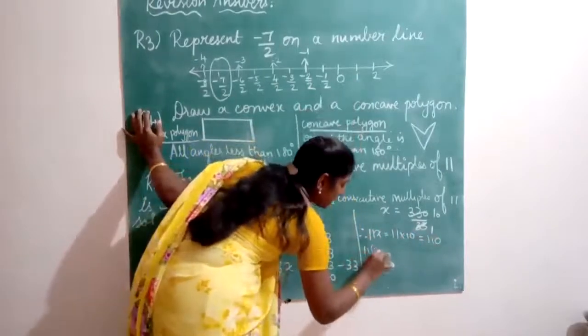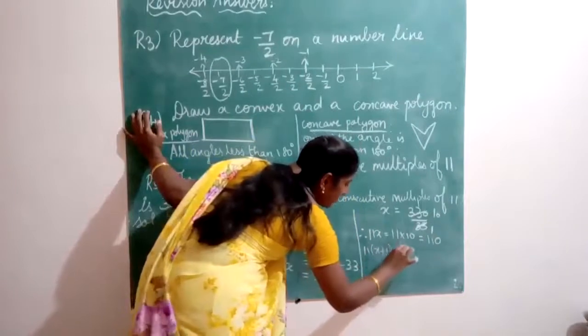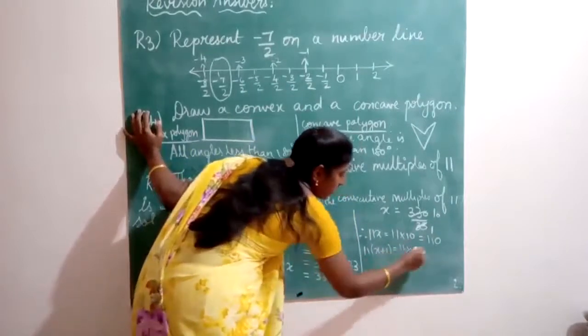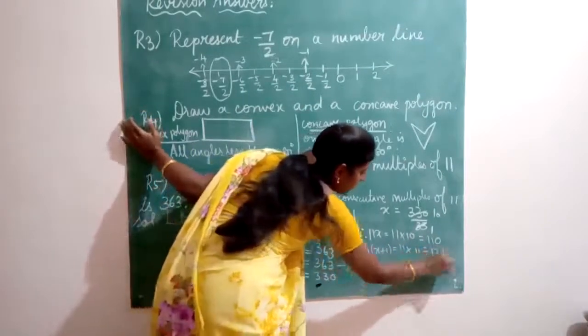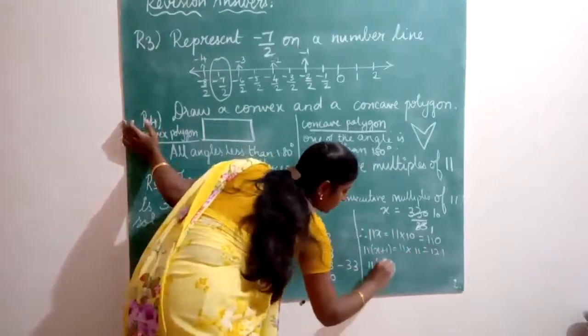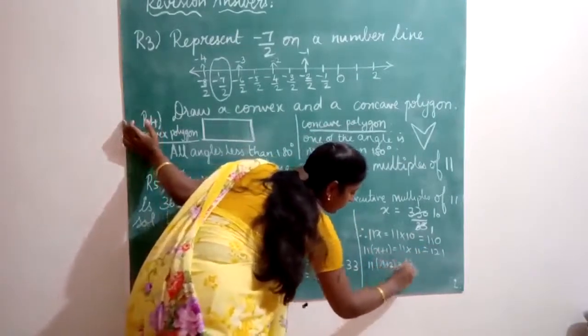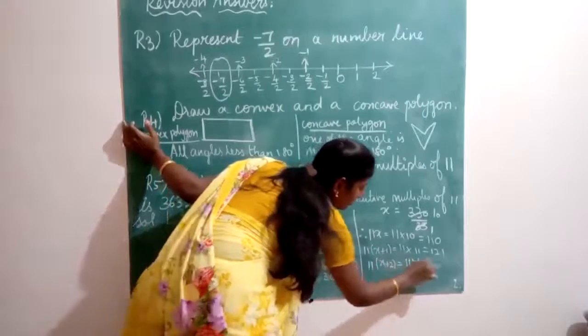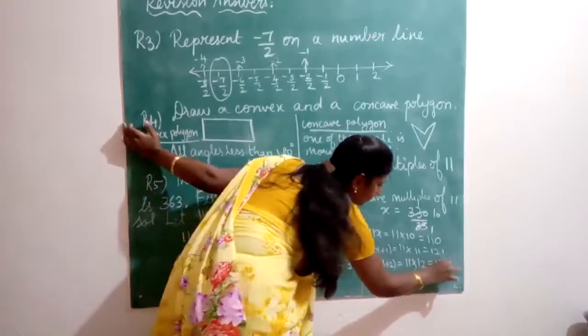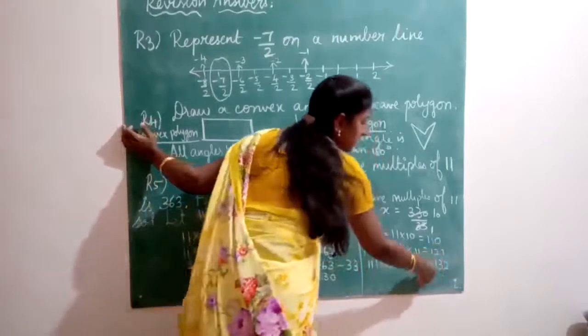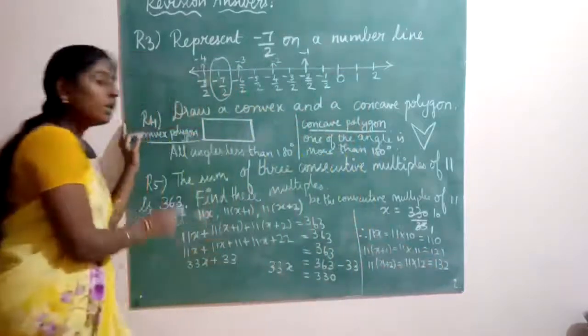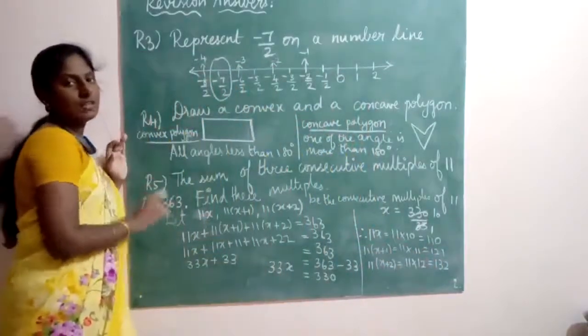Then 11 into x plus 1 is 11 into 10 plus 1, which is 11. That is 121. And 11 into x plus 2, that is 11 into 10 plus 2, which is 12, that is 132. So 110, 121 and 132 are the required consecutive multiples of 11.